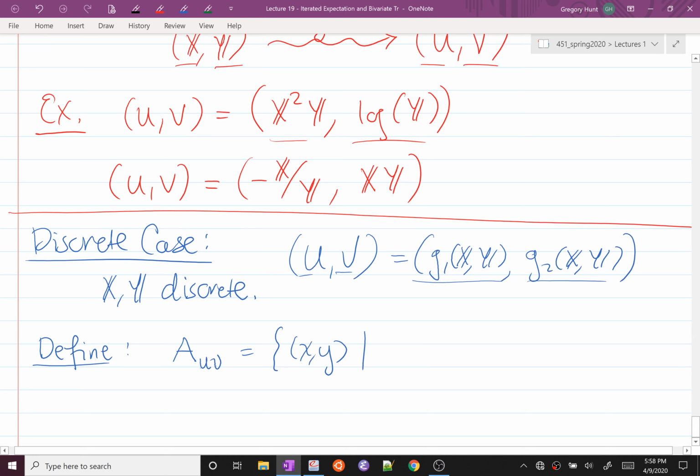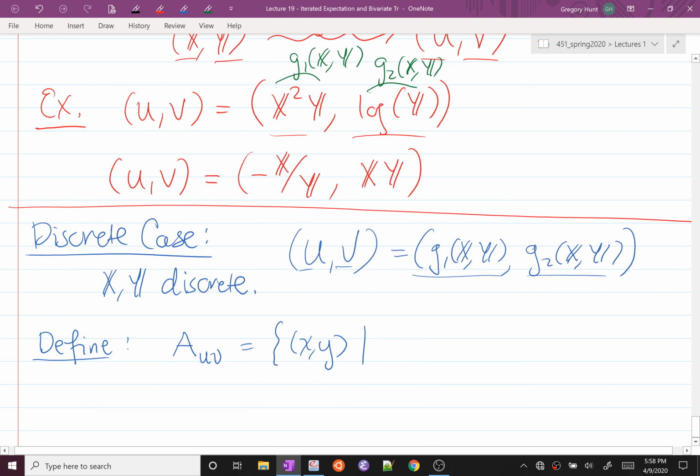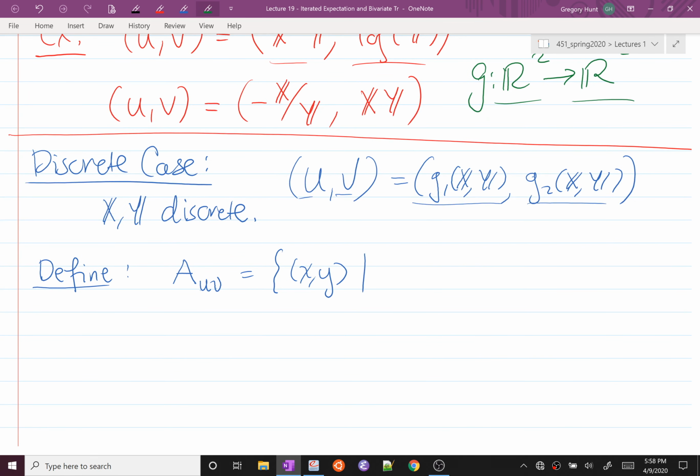So let's just go back. In our example above, this is like g1 of x, y, and this would be g2 of x comma y. There's just the two components of the function. Remember that g is a function R2 to R2. It not only takes in x and y, but it spits out u and v. So our two components are g1 and g2. A sub uv is all pairs x and y that map onto u and v.